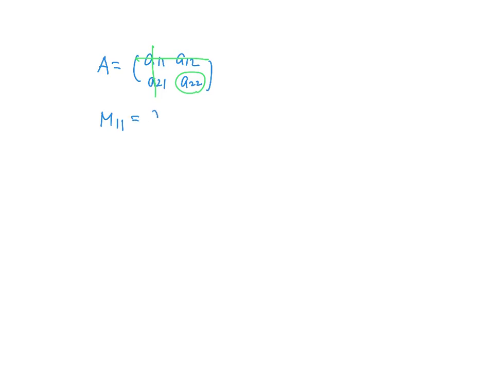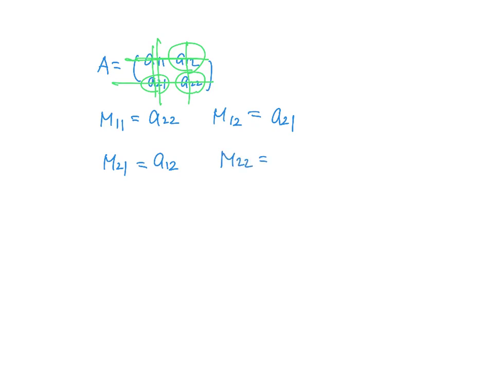M12: you delete the first row, second column, and you have A21. M21: you delete the second row, first column, and you have A12. M22: you delete the second row, second column, you have A11.